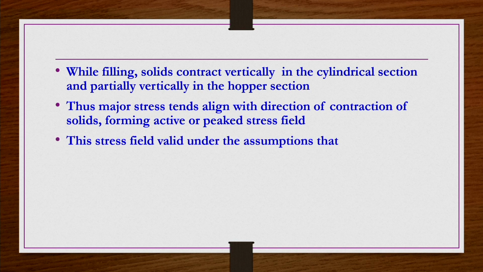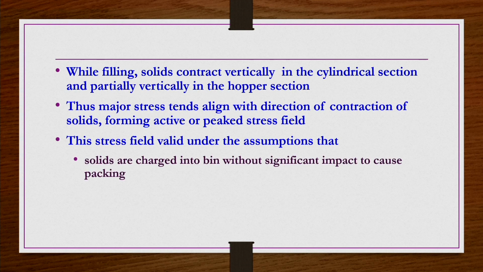This stress field is valid under the assumption that the solids are charged into the bin without significant impact to cause packing of the material, so we are not considering the research results discussed in the previous figure.